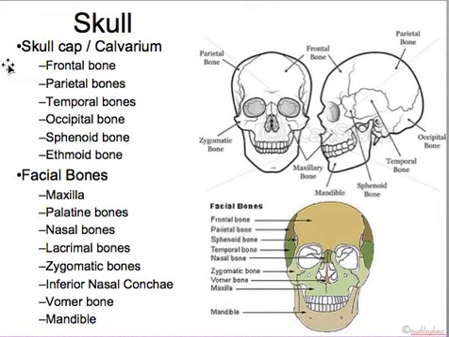Okay, so the skull cap, where the brain sits, is made up of the frontal bone. It has one frontal bone. That's the one bone that sits right in front of your face. Then we've got two parietal bones. They come up on the side. They're the top caps on the side. And then behind the ears we have two temporal bones.